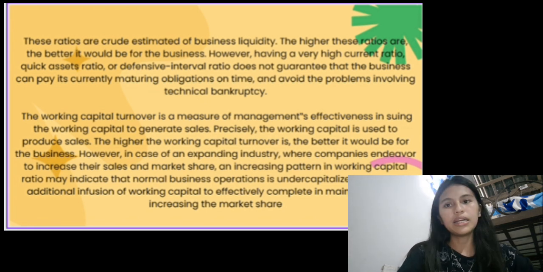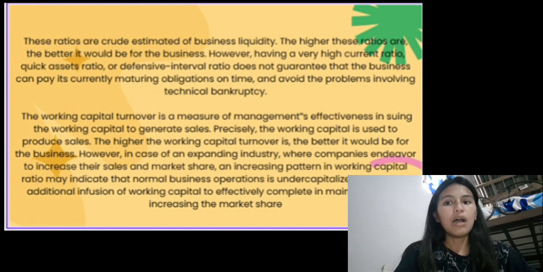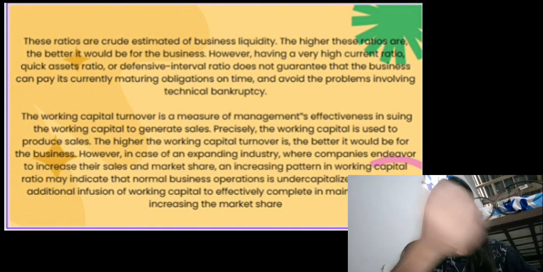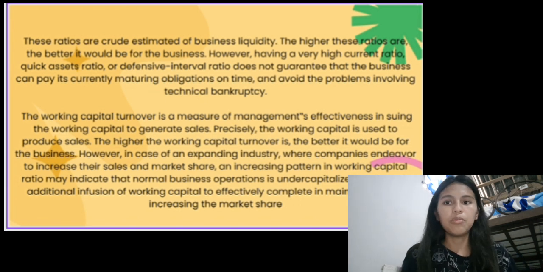Ito namang paragraph na to, parang ini-introduce lang niya yung working capital turnover, which measures how effectively management utilizes working capital to generate sales. So, yung working capital comprises current asset minus the current liabilities.